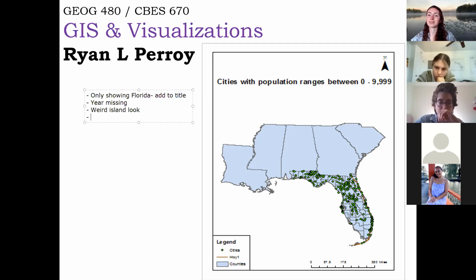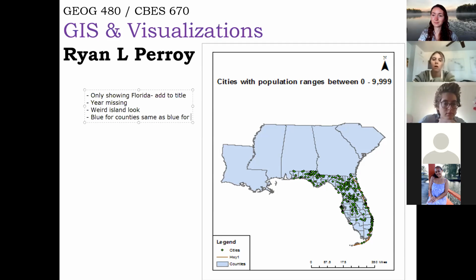Can anyone think of a title that might be better suited to this map? Like Florida's city population ranges.